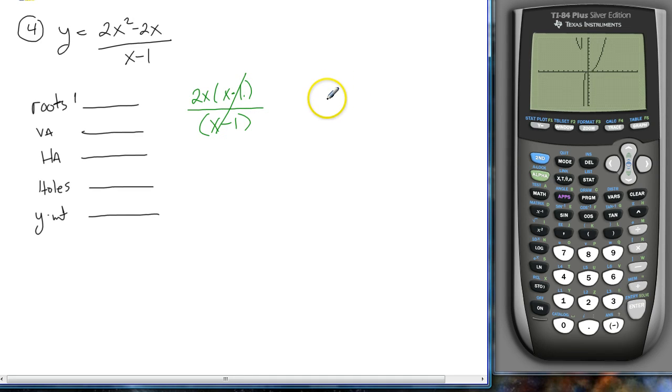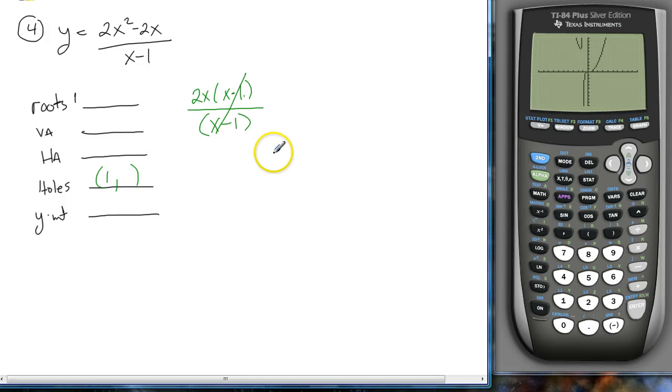These two things cancel out. What was it? If something cancels, you got to think about it. What was it? If something cancels, it's a hole. X minus 1 is the factor, so 1 is the x value.